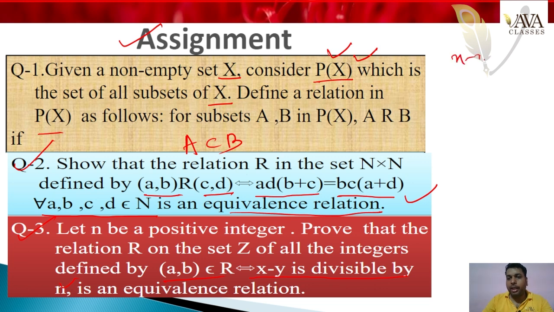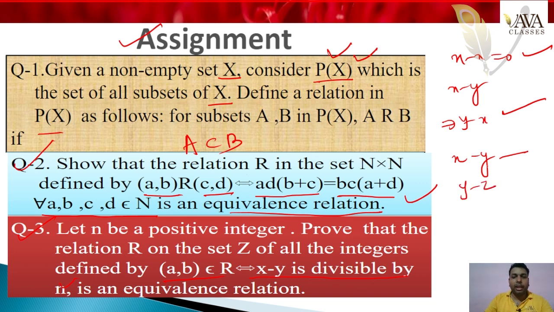Clearly, x minus x is 0, divisible by n, so it is reflexive. If x minus y is divisible by n, that implies y minus x is also divisible by n, so it is symmetric. If x minus y is divisible by n and y minus z is divisible by n, then adding, x minus z is divisible by n. So (x, y) belongs to R and (y, z) belongs to R, so (x, z) belongs to R.